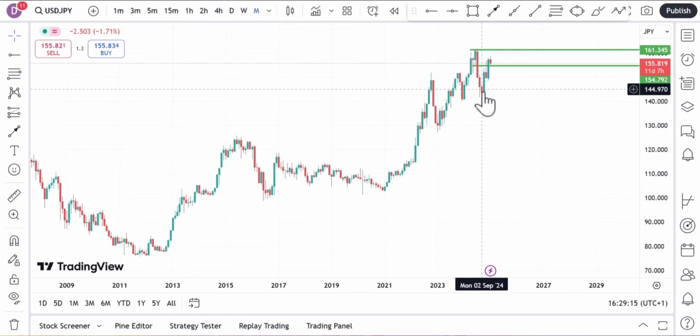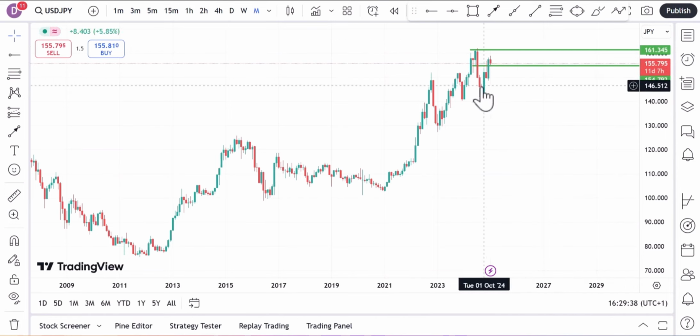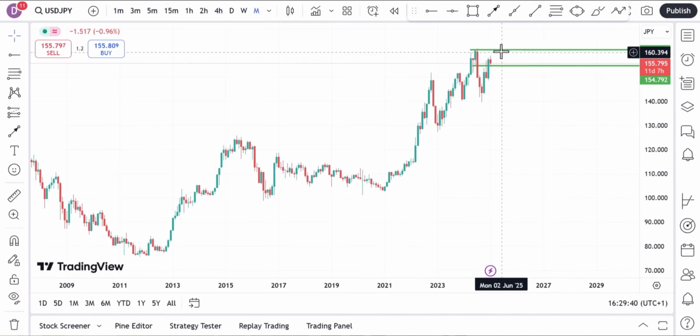This is a buyer zone, so you can also call it a support level, and this is a resistance level or a supply level. So the next supply level, because we said buyers are in control on the monthly time frame, is around 161.345. Meaning if this market continues going up, it might stop at 161.345. So on monthly time frame, we can see that the market is going up.